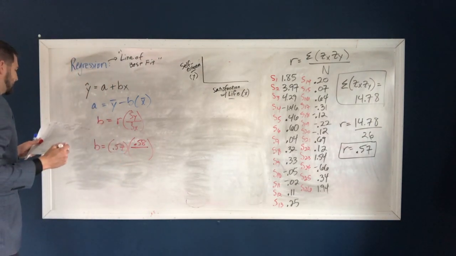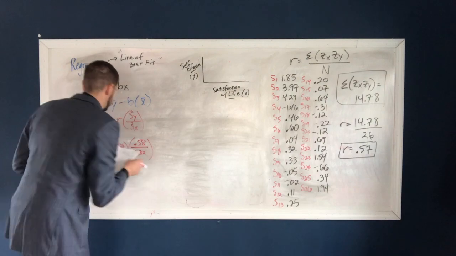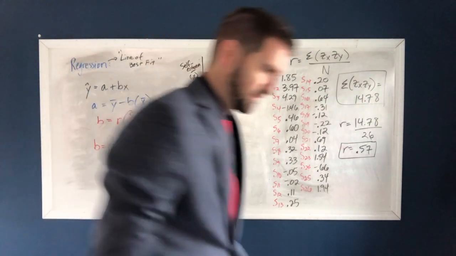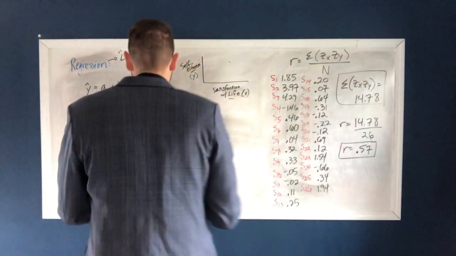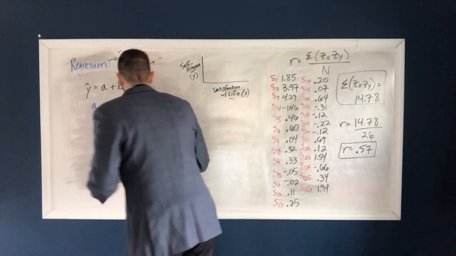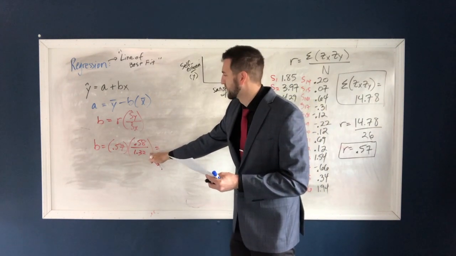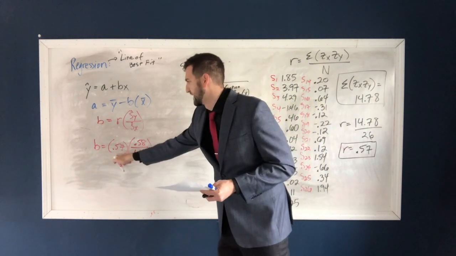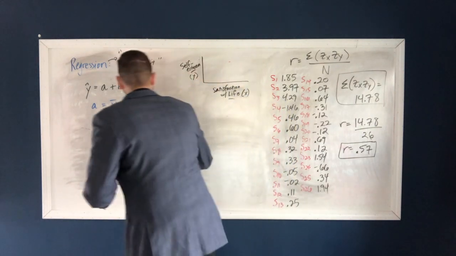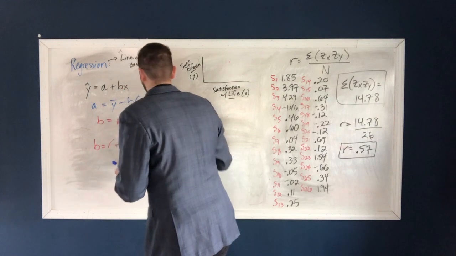And our standard deviation for satisfaction with life is going to be 1.32. So go ahead and solve for B. 0.58 divided by 1.32, then multiply that by 0.57. You're going to get B equals 0.25.